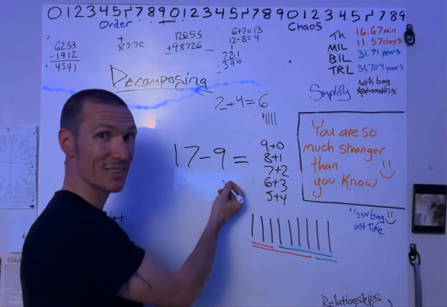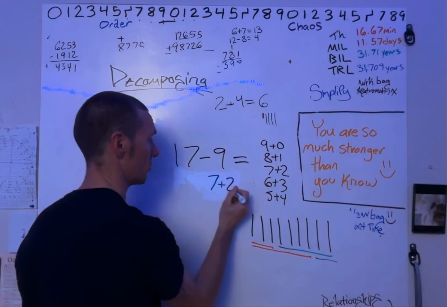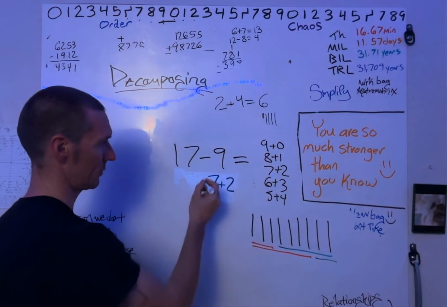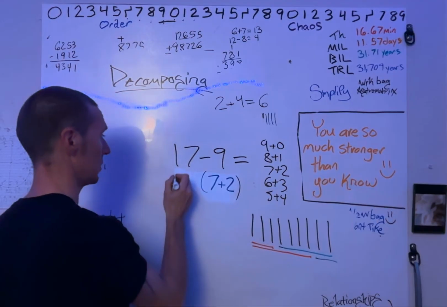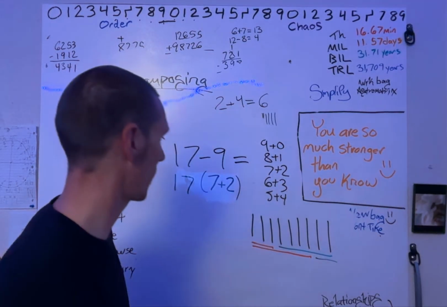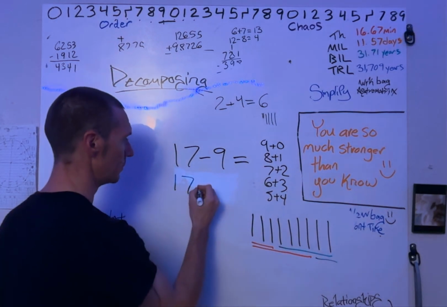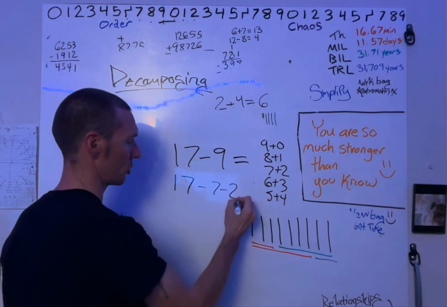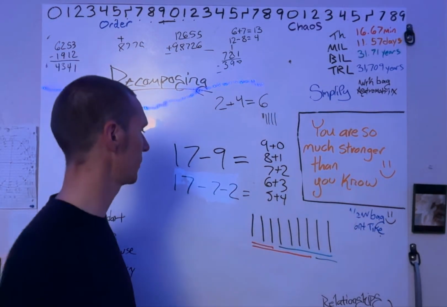I'm going to break this into 7 plus 2. That's the group that I'm going to use. 17, minus 7, minus 2. Sorry, I wrote it confusing.